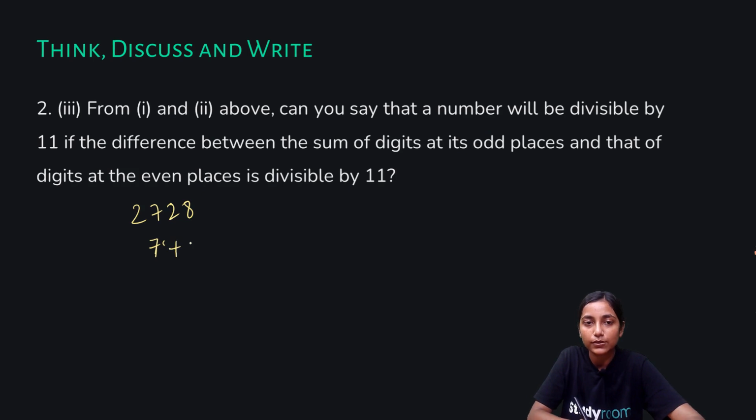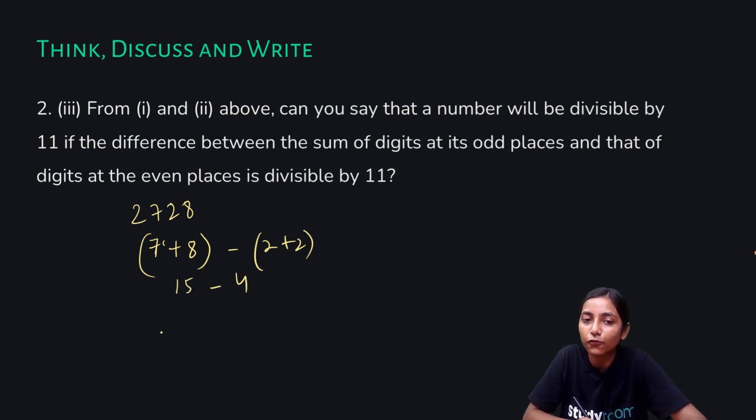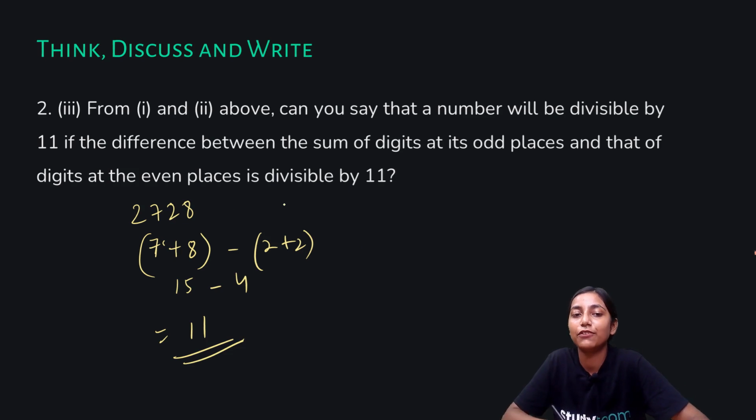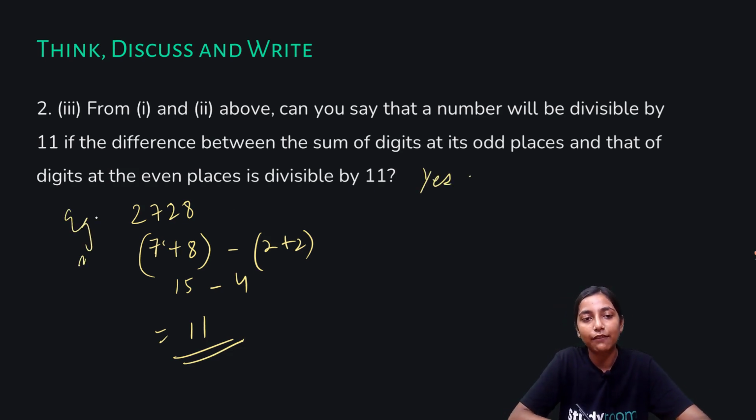You are going to do 7 plus 8 and subtract 2 plus 2 from it. So 7 plus 8 is 15 and you subtract 2 plus 2, that is 4, from it, and that is 11. So yes, when this number 2728 was divisible by 11, we got this difference also divisible by 11, or vice versa. So you can say yes, this is true. I have taught you this method by taking an example also.